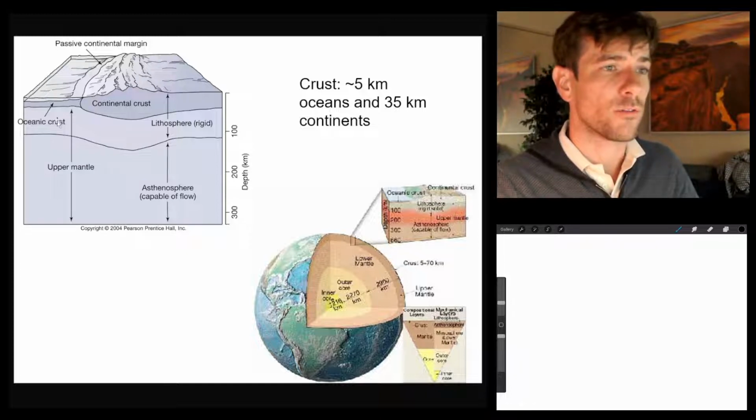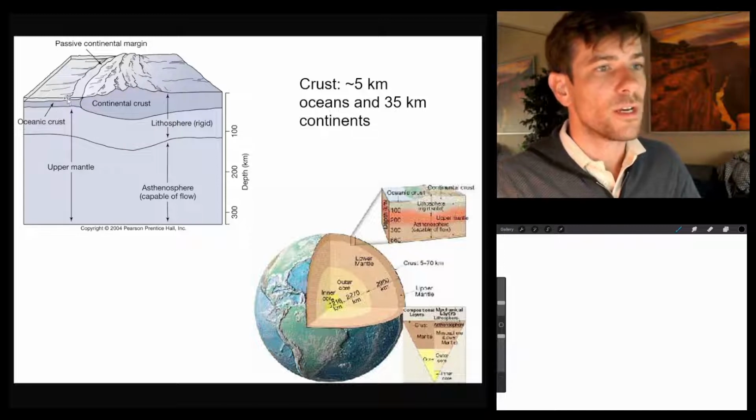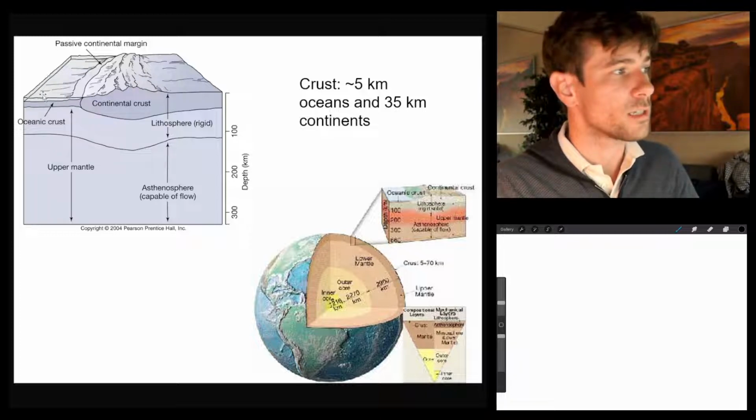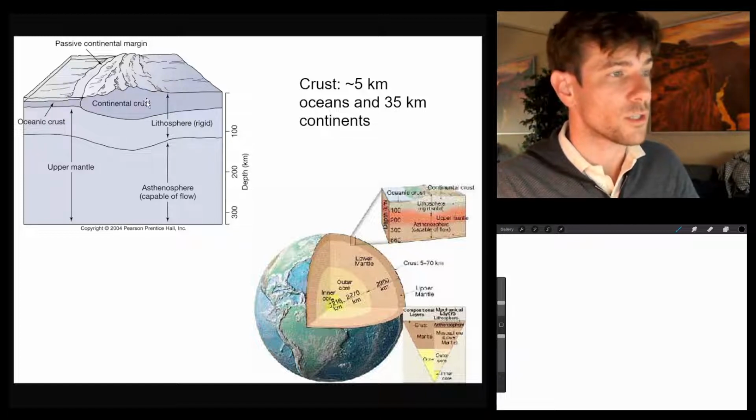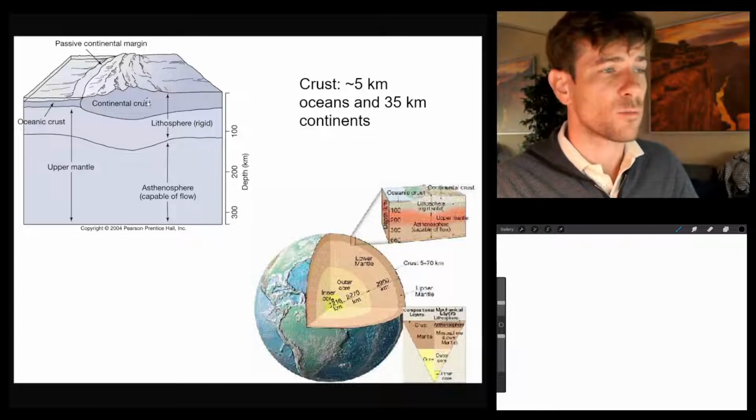And as a result of those chemical differences, the rock type out here in ocean crust is basalt, and that's pretty dense. It has a pretty high density, especially when compared to continental crust, which is largely granite and andesite, much more felsic rock types that are much lower density.